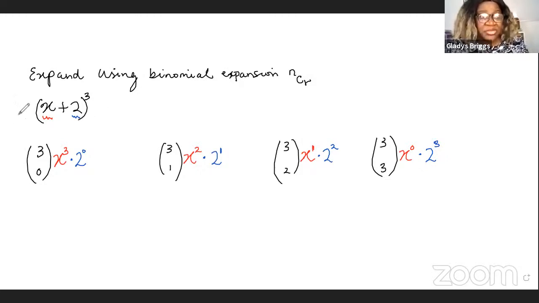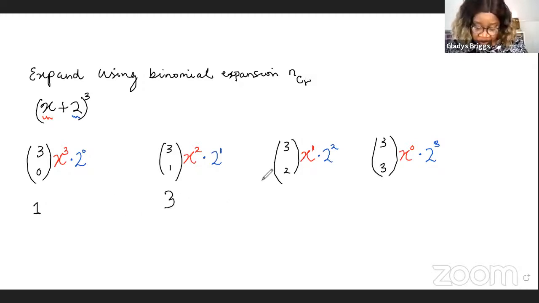Now 3 choose 0. What is 3 choose 0? Put them in your calculator for me, guys. 3 choose 0 is 1. And 3 choose 1 is what? On your calculator, I hope you remember how to do it. 3 choose 1 is 3.